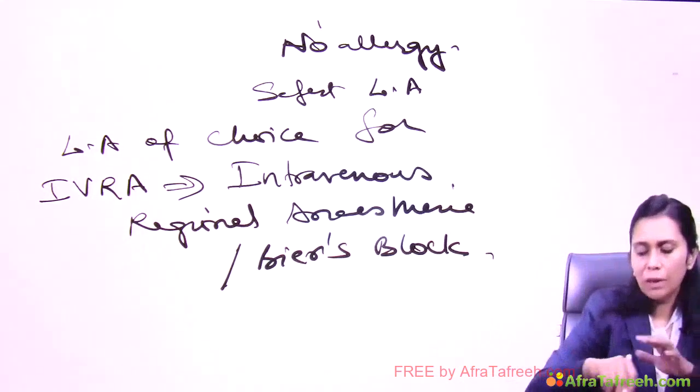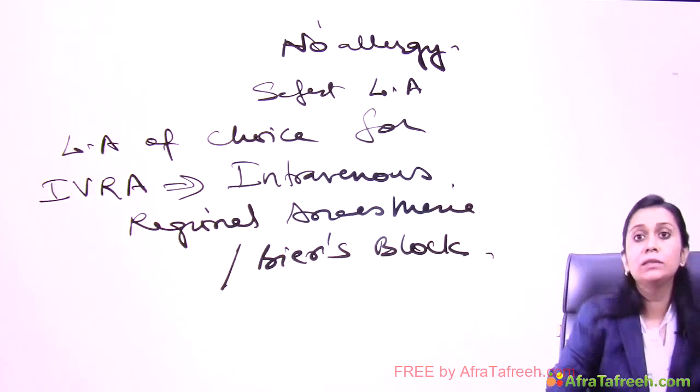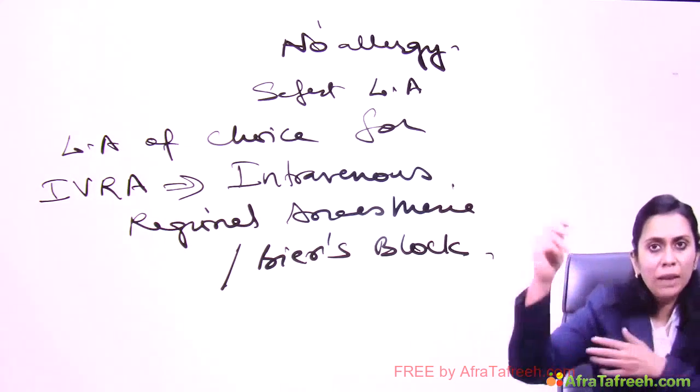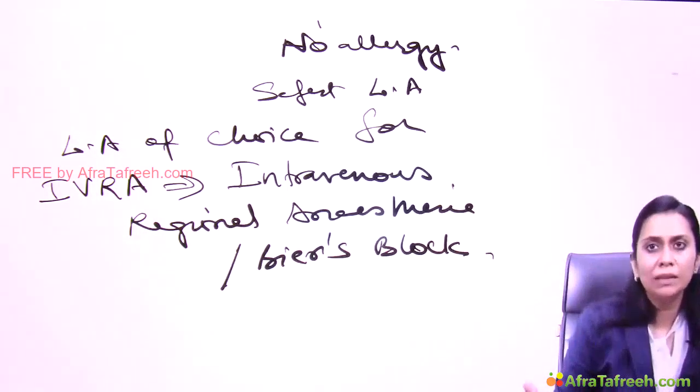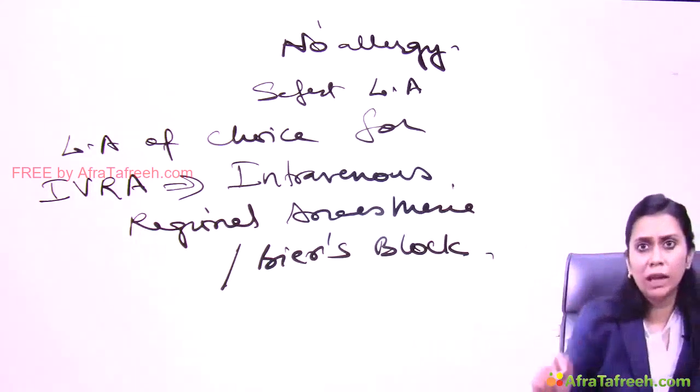Then I put an IV cannula in this limb, and through this IV cannula, I give the anesthetic agent intravenously. It remains in this limb, doesn't go into the systemic circulation, and all the nerve fibers of this limb get anesthetized. So I am getting a regional block through the IV route, we call it IVRA.